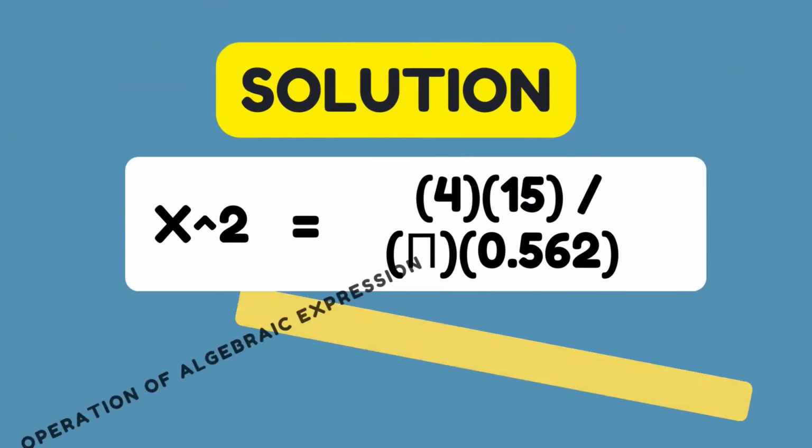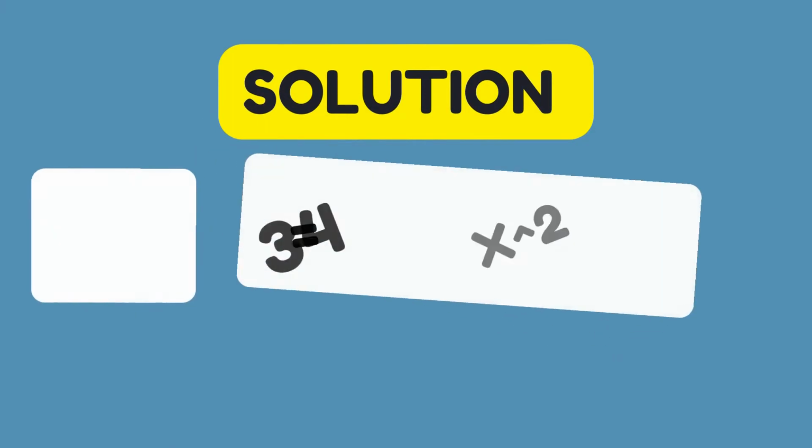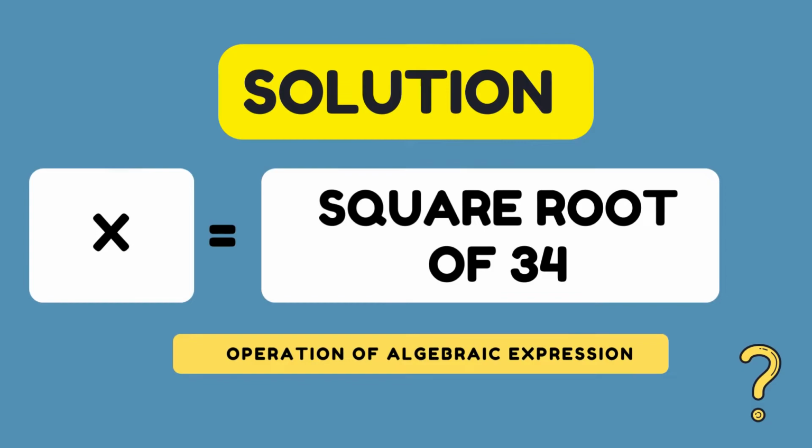Then we shall operate further the algebraic equation, giving us the equation x squared is equals to the quantity 4 times 15 divided by the quantity pi times 0.562. This leads us to the equation x squared is equals to 34. Thus, if we are going to find the value of x, it is equals to the square root of 34.